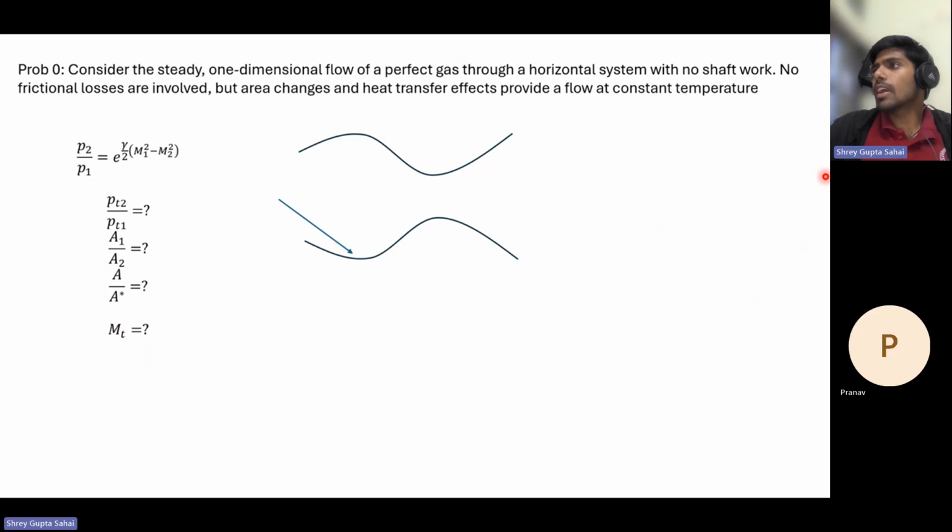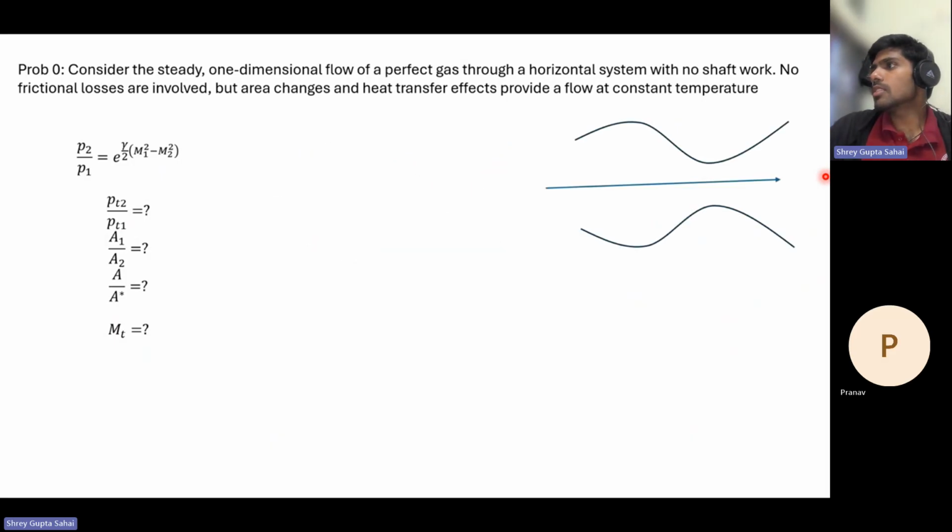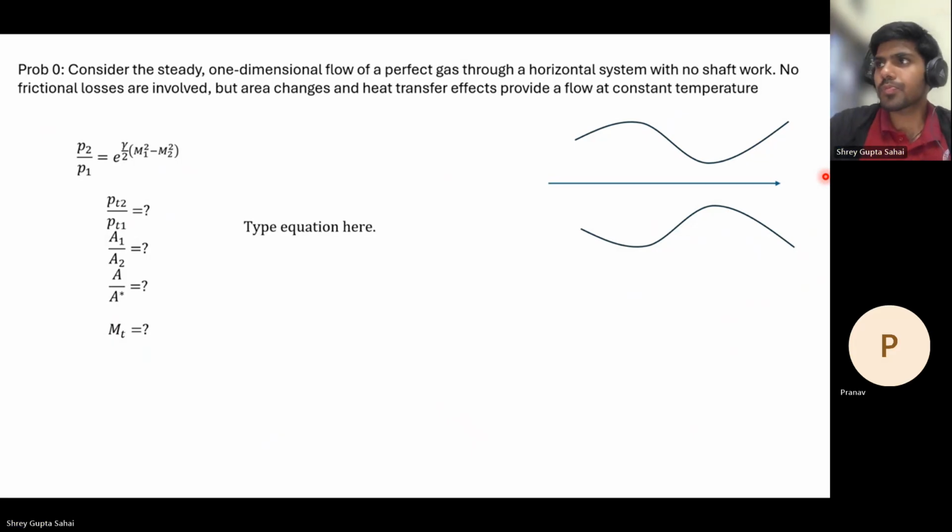So now we have to again derive everything starting from the governing equations. That is mainly what the problem is around. So let's discuss what are the governing equations we have. So we have, you can see, uA is a constant.